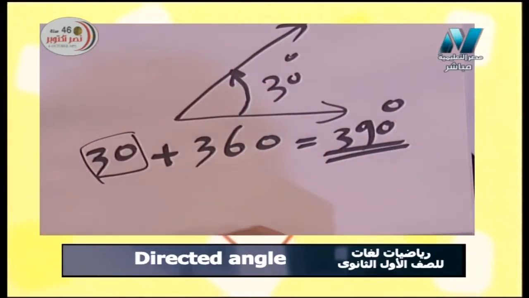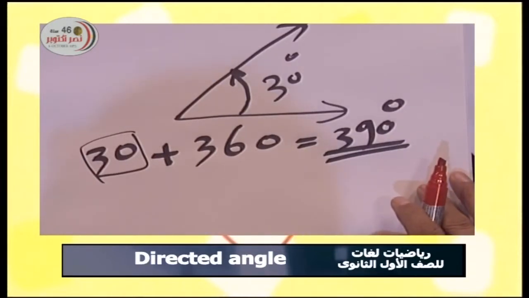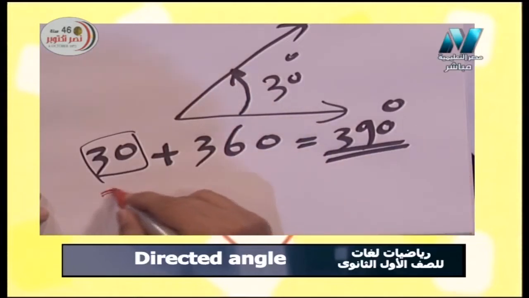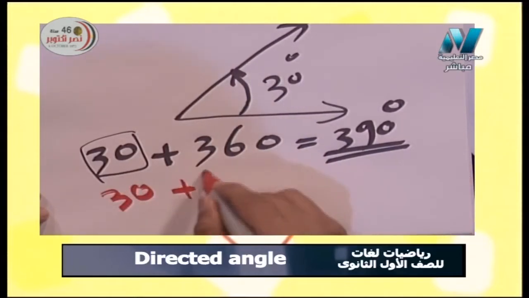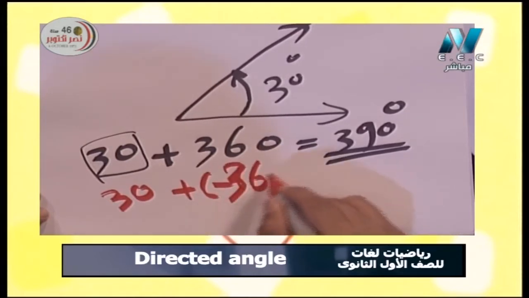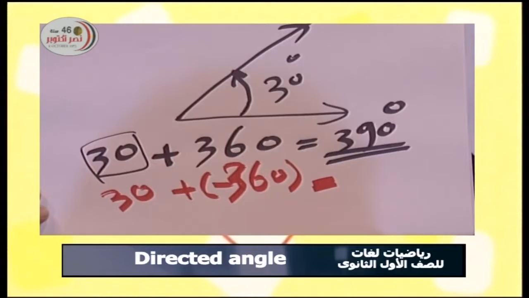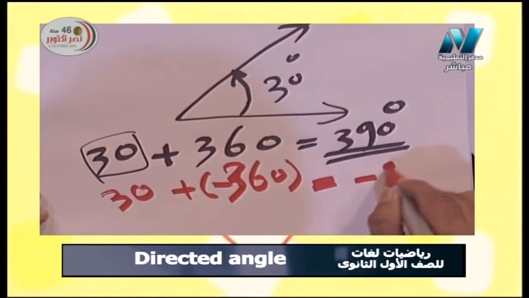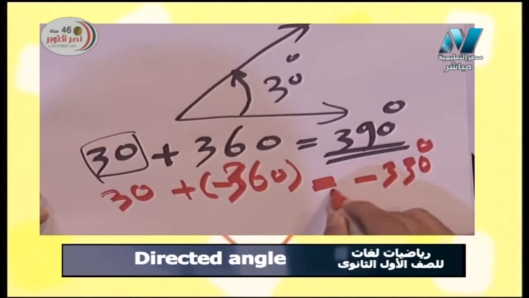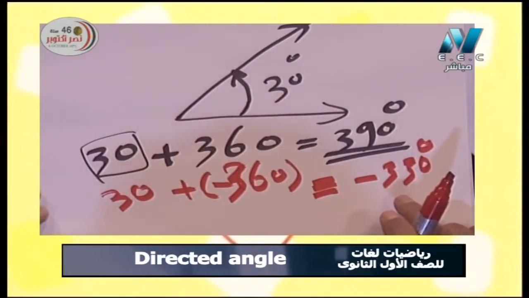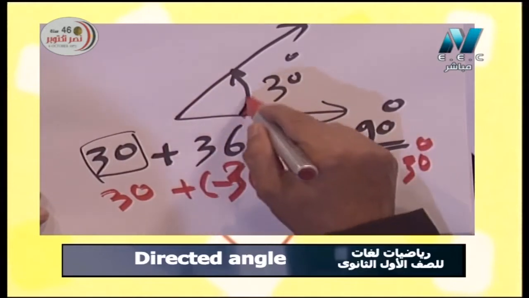And if we want to find another coterminal angle, we add 30 plus negative 360. The answer will be negative 330 degrees. So the angle negative 330 degrees is a coterminal angle, but it's a negative angle. It's a negative coterminal angle or negative equivalent angle to the angle 30.